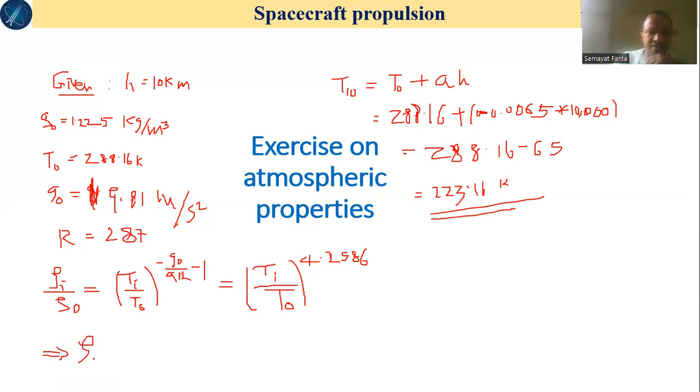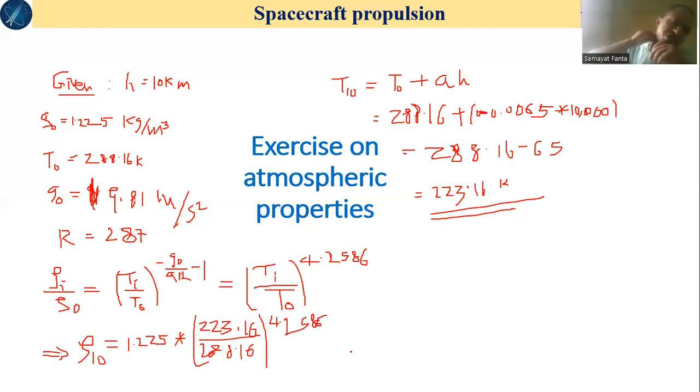Density at i, density i means density at 10, equals density naught, 1.225, times this parameter: Ti is 223.16 divided by T naught, 288.16, to the power of 4.2586.